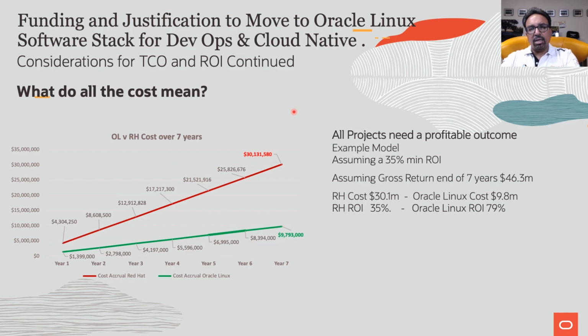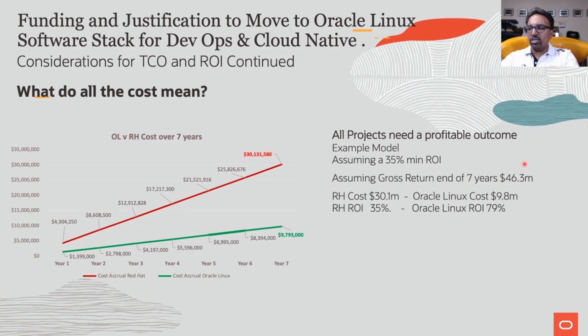I'm setting the 35% gold standard here, and with that you can see here, if Red Hat costs $30.1 million over 7 years, the ROI is 35%. That's what I set, and that's based on a $46.3 million linear return on gross revenue.